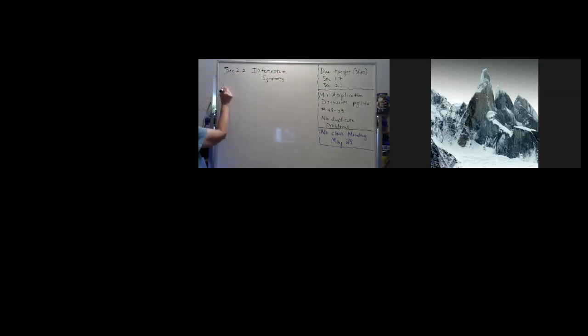So our first example we're going to do, what we want to do is determine which of the given points are on the graph. Okay, so they're not going to give me a graph. What they're going to do is give me an equation.